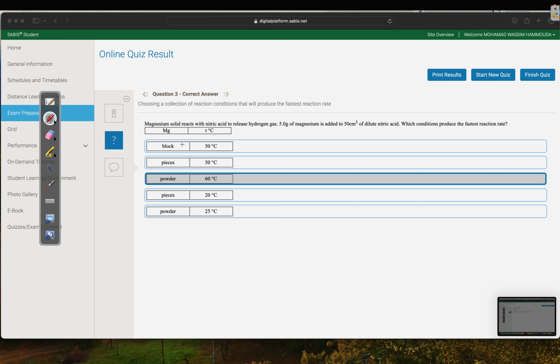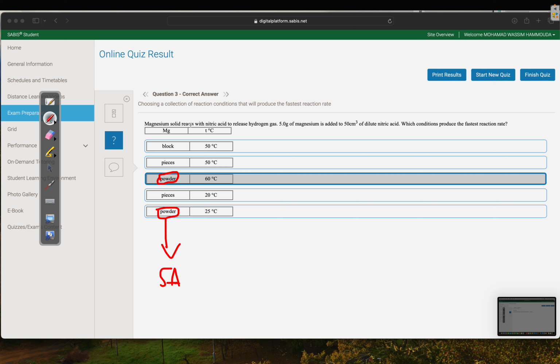Here the powder or piece is all surface area. So an increase in surface area, powder in this case, will be the most, because an increase in surface area will lead to an increase in collisions and an increase in effective collisions, which in turn leads to an increase in the rate of reaction.